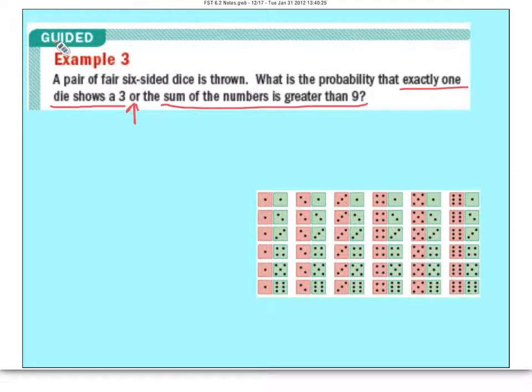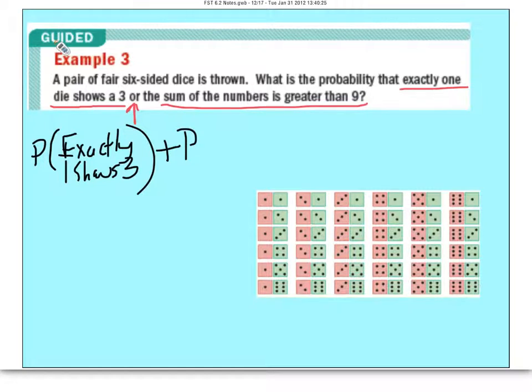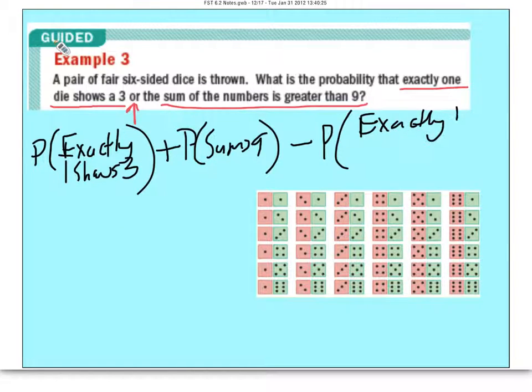So it's the or probability, so I will just write this: the probability exactly 1 shows a 3, in its or, so I'm going to say plus the probability that the sum is greater than 9, but then I'm always going to think about this: do I have to double count anything? So exactly 1 is a 3, and at the same time, did I have the sum greater than 9?